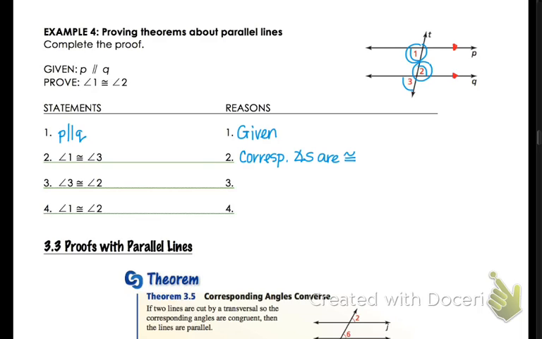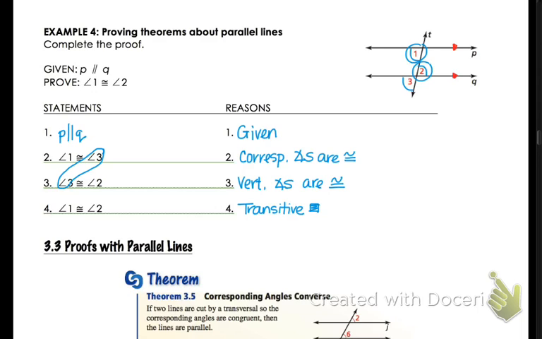And then the next thing we said was that angle 3 was congruent to angle 2, and that is because vertical angles are congruent. And lastly, why is angle 1 congruent to angle 2? Well, if you look here, this is our link. That's a chain, and so this is going to be transitive. Hopefully you're getting good at seeing that one by now. And so that's the end of our proof.